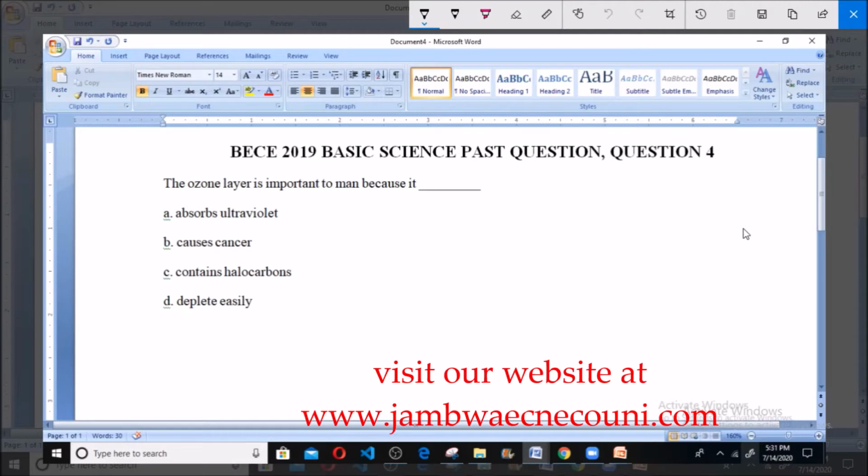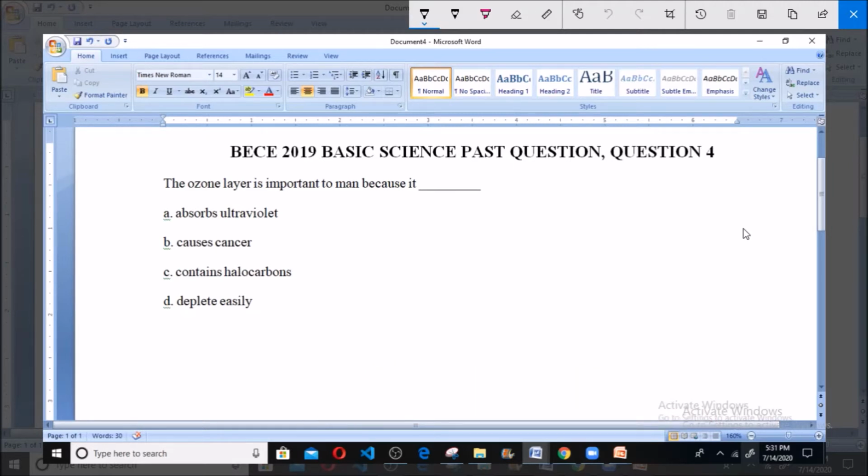Now I want us to understand that the ozone layer is a layer in the atmosphere that is there to help protect humans from certain adverse effects of ultraviolet rays such as the sun. Now A says absorb ultraviolet rays.